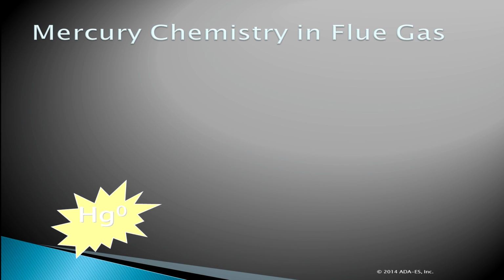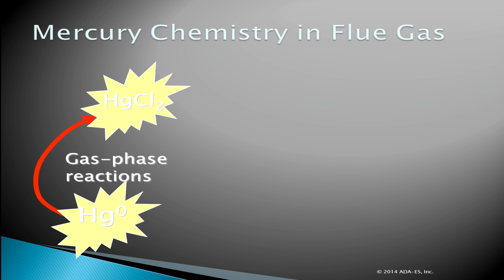So just a little bit about mercury chemistry in flue gas. In the combustion zone, all the mercury is elemental. It's released in the high temperature of the flame as an elemental gas. It can undergo gas phase reactions in the combustion system that can, through gas phase chemistry, oxidize it to something like mercuric chloride.